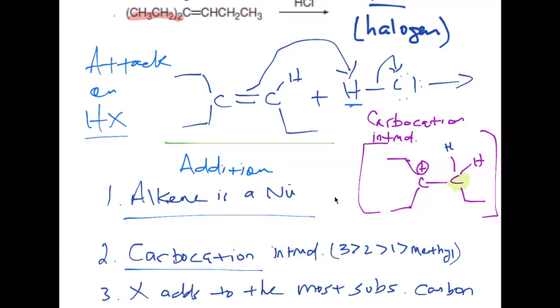So the carbocation that you see right here is a tertiary. And if you remember the rules for carbocation stability, we said that a tertiary was the most stable. So you have tertiary, which is more stable than secondary.